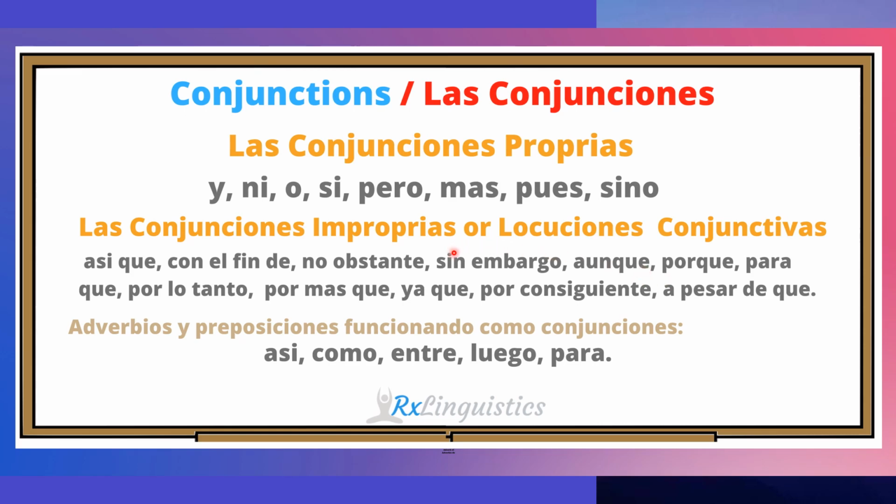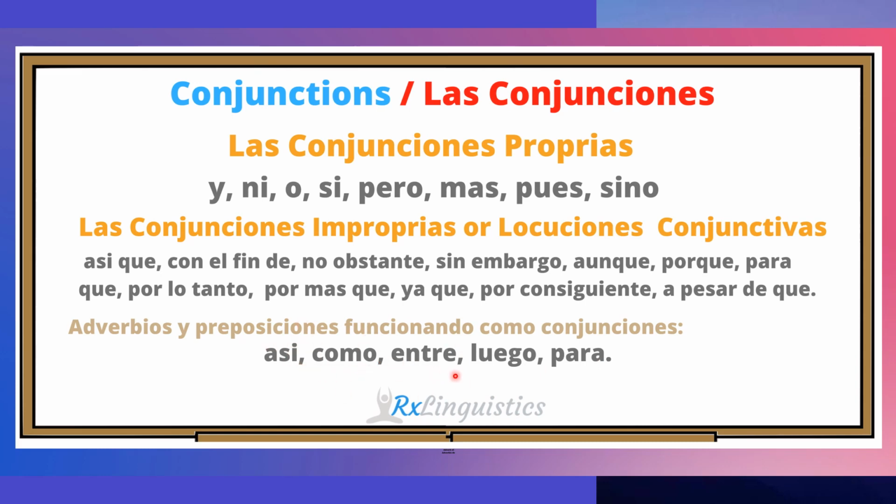More advanced content texts will have some of the more complicated ones, but for public communication in general, you'll be coming across the single-word conjunctions, and some of them are like some adverbs and prepositions as well that are used as conjunctions.